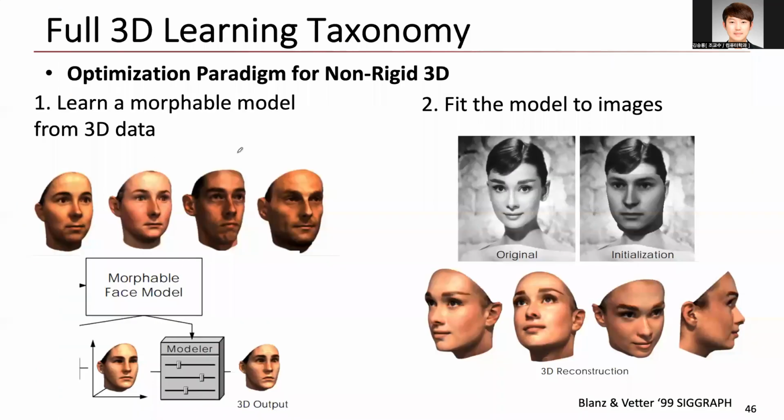Conventionally, the first 3D estimation is based on optimization consisting of two parts. In the first part, learning a parametric model from the 3D data.